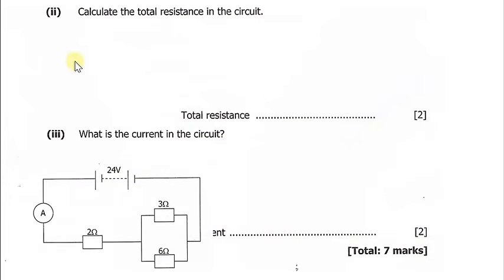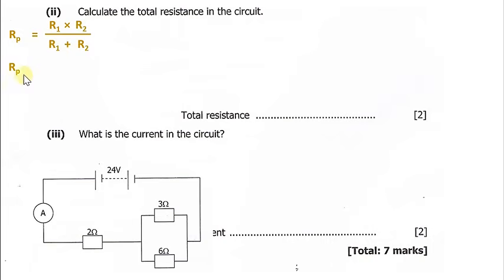In parallel, we'll use this formula for total resistance in parallel. R_P means parallel. Let's say this is resistor 1 and this is resistor 2. So it will be resistor 1 times resistor 2 over resistor 1 plus resistor 2.